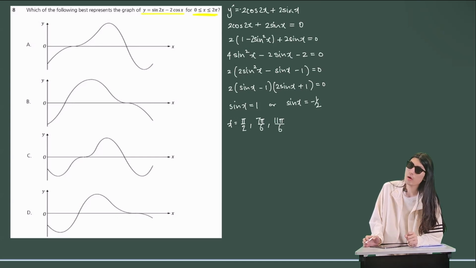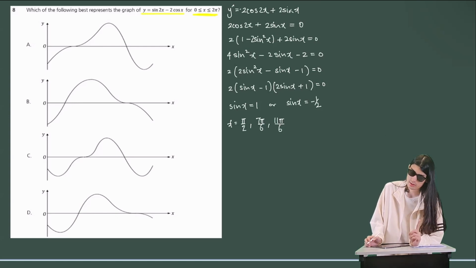The nature of which can be worked out either using the second derivative or using the table of values, isn't it?